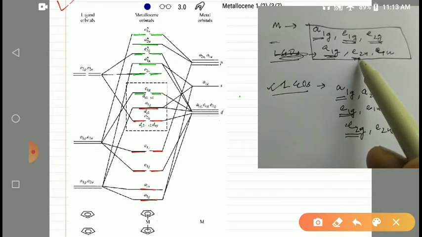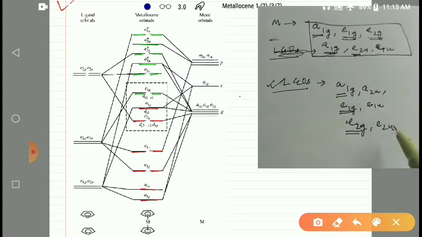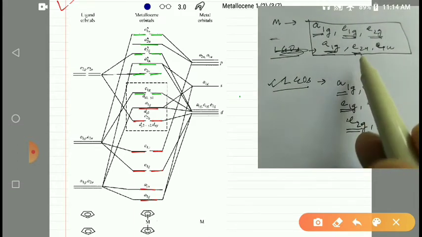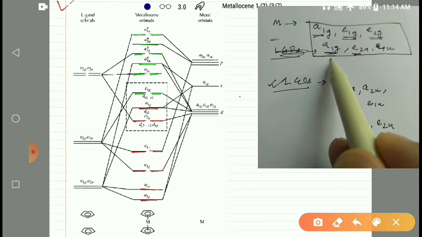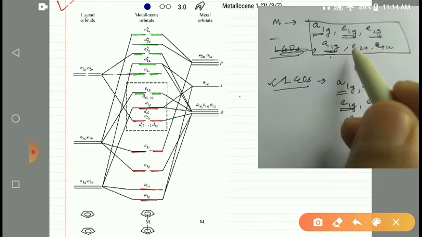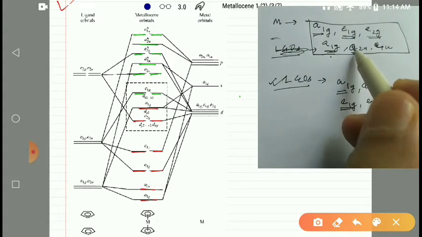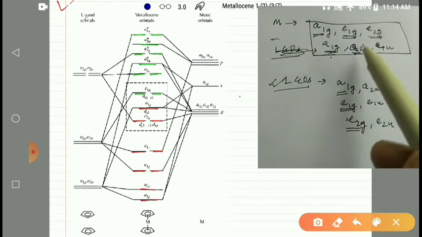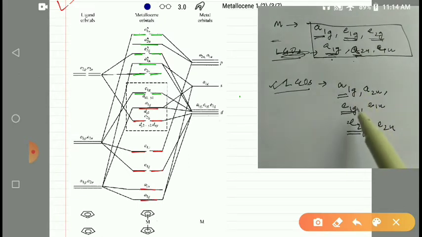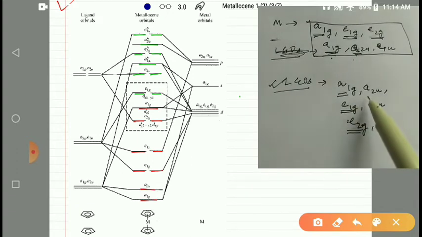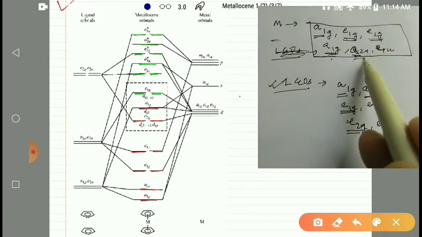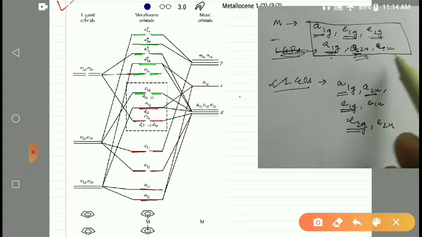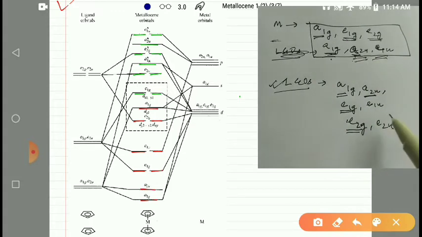Then A2U. Let's suppose this one is your A2U. So A2U is present here, and also A2U is present here. Okay, so E1U is present here, and here too.